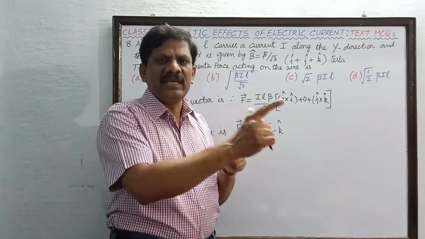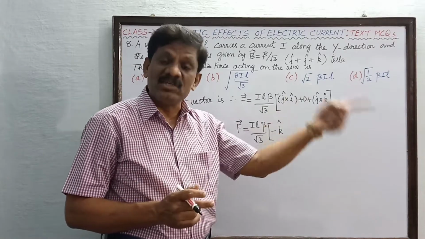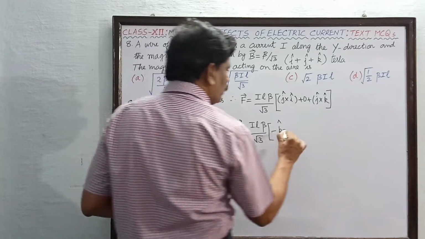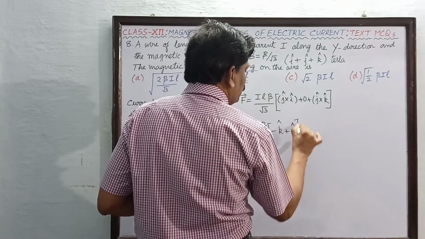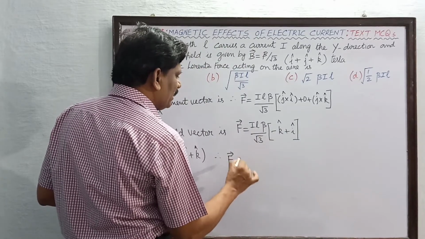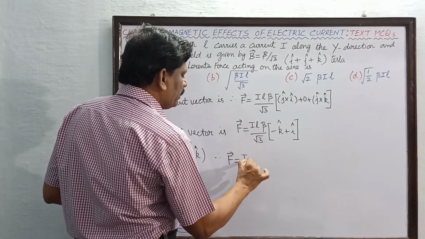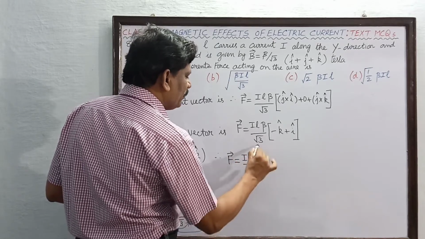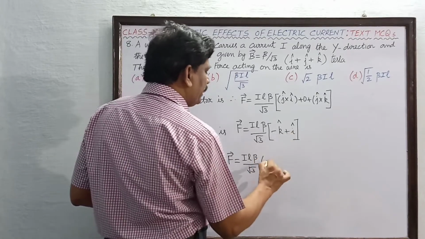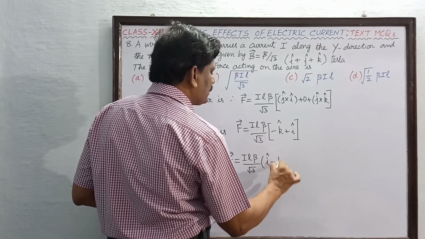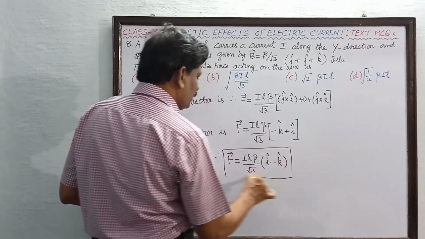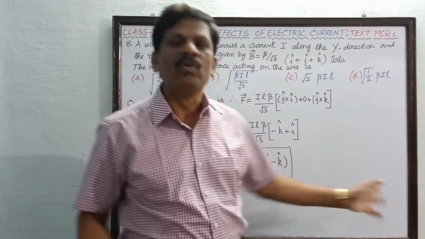When i, j, k are in the anti-clockwise direction, what comes next to k again is i. So j cross k must be equal to i cap, a plus i cap. So F vector is now equal to IL beta divided by root 3 into i cap minus k cap. This is the Lorentz force in vector form.